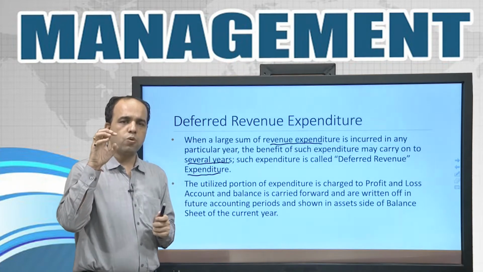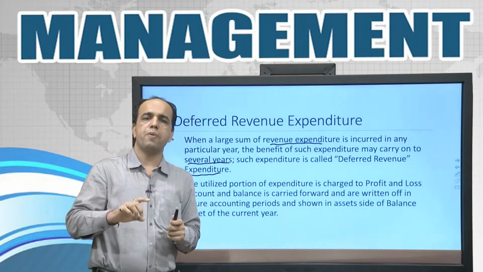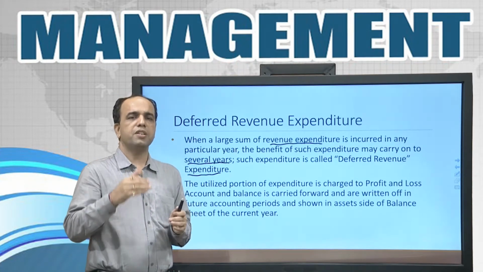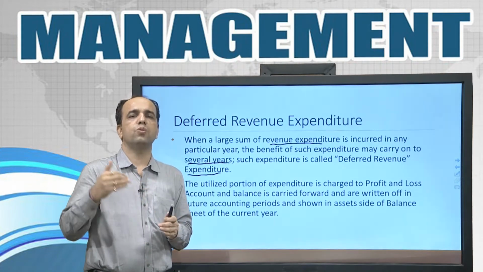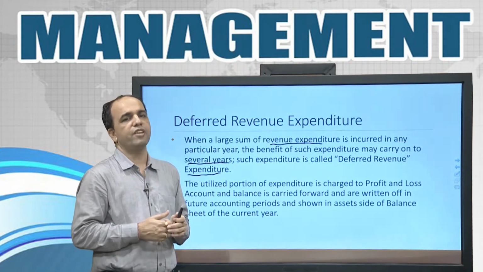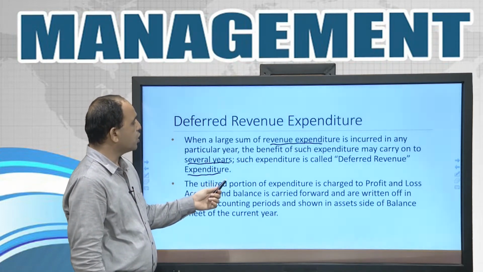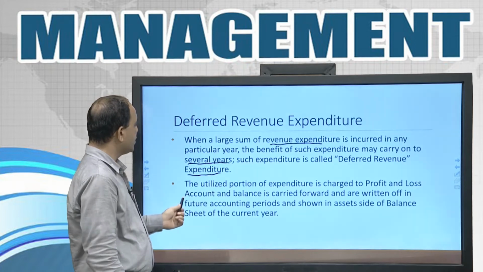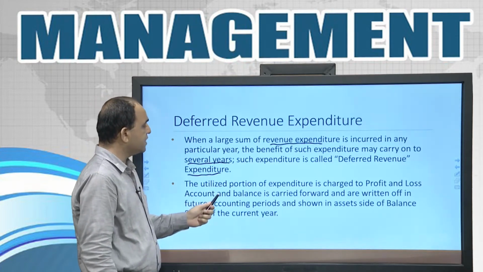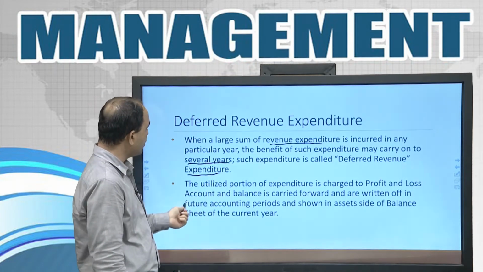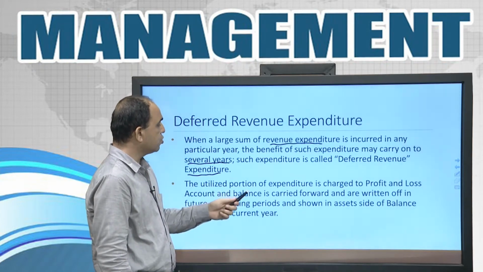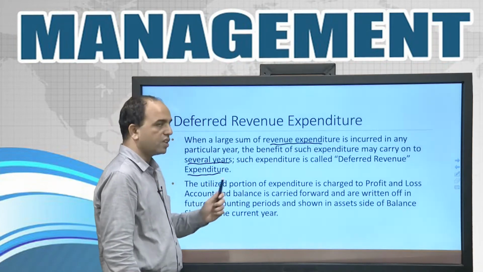Generally, the amount is payable or paid in a particular year, but the benefits we get for more than 1 year is called deferred revenue expenditure. The utilized portion of expenditure is charged to profit and loss account, and the balance is carried forward and written off in future accounting periods, shown on the asset side of the balance sheet of the current year.